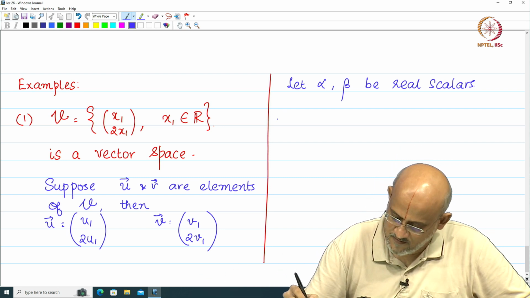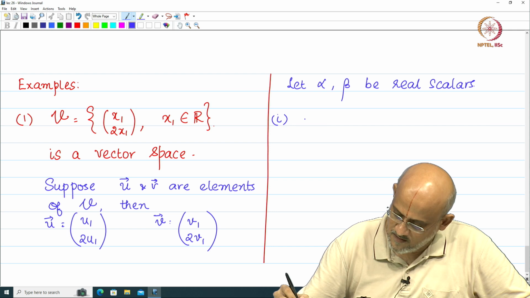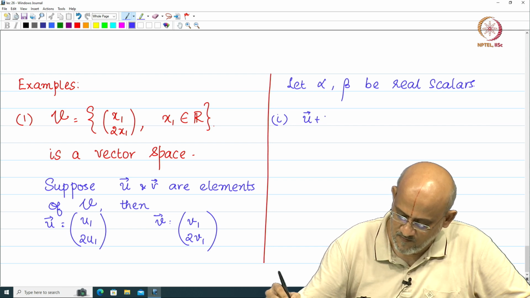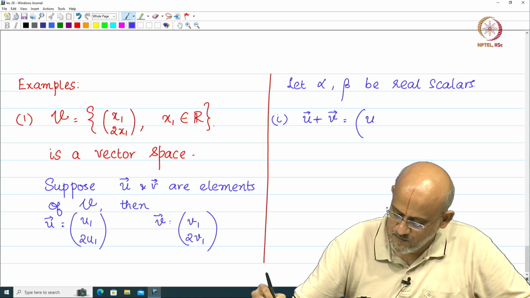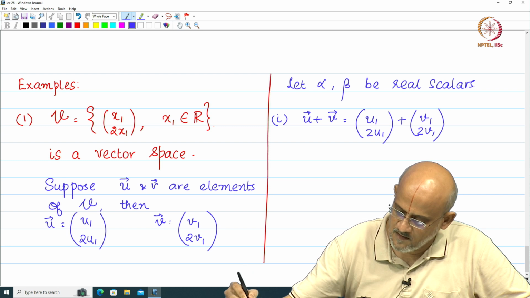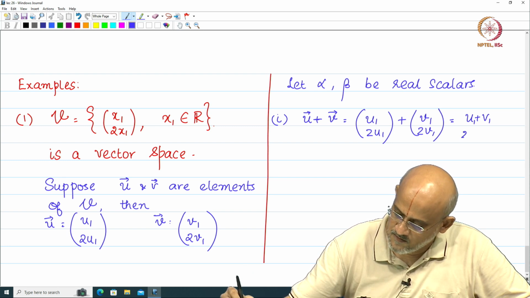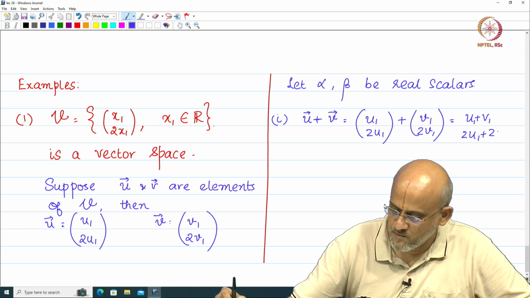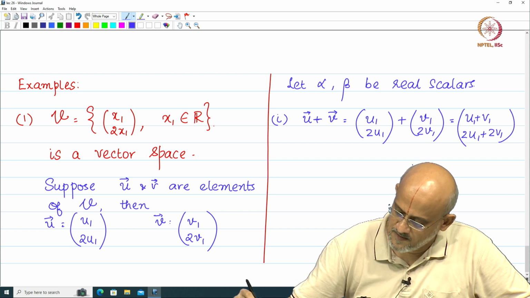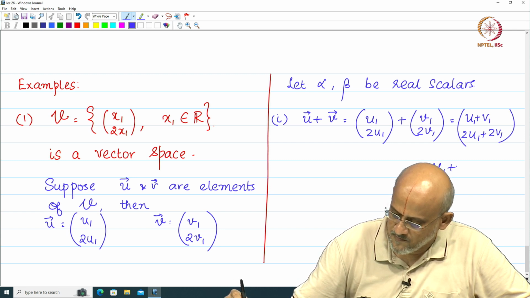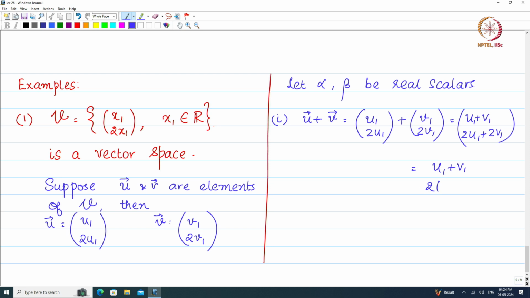Then we have the first one. We are going to say u plus v; let us verify each of these properties. U plus v, which is nothing but (u1, 2u1) plus (v1, 2v1), which is nothing but (u1 plus v1, 2u1 plus 2v1), which is basically (u1 plus v1, 2 times (u1 plus v1)).